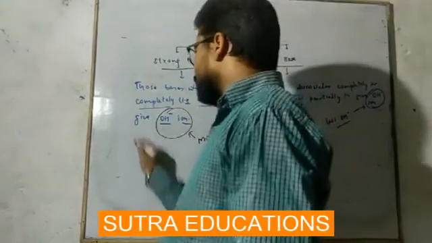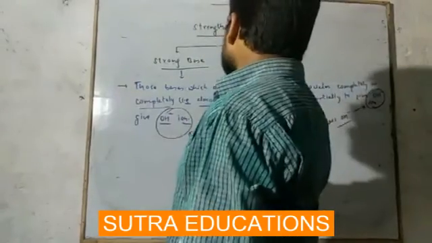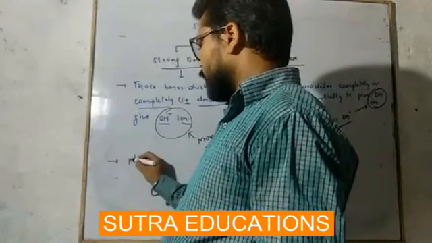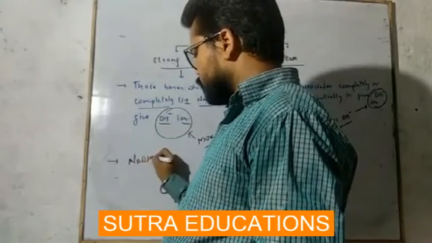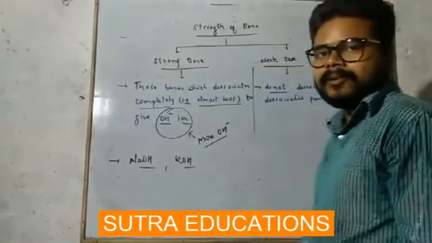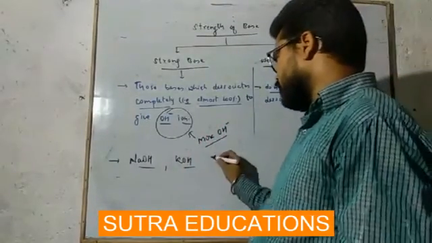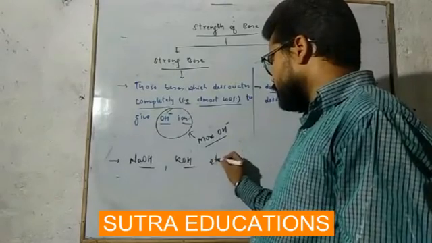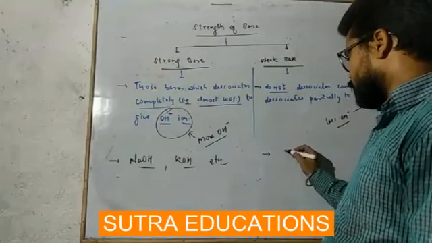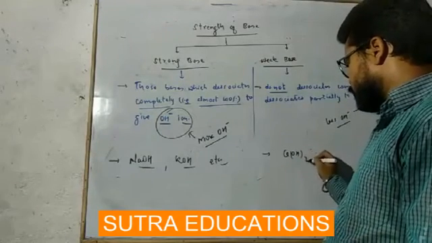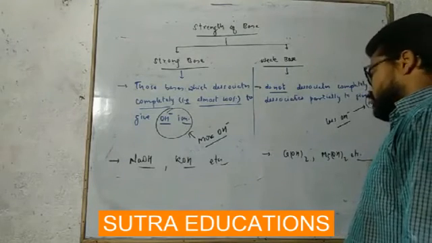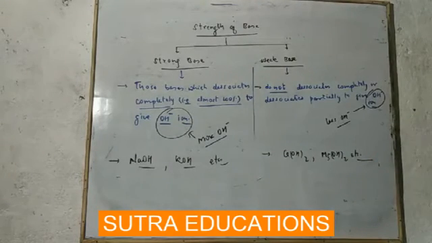Examples of strong bases are sodium hydroxide, potassium hydroxide, cesium hydroxide, etc., and Ca(OH)2, Mg(OH)2, etc. So this is a strong base and a weak base.